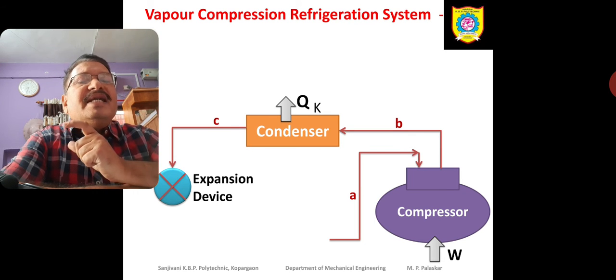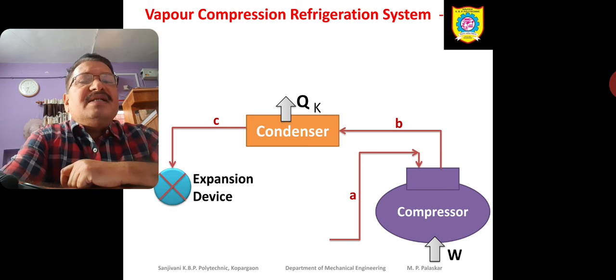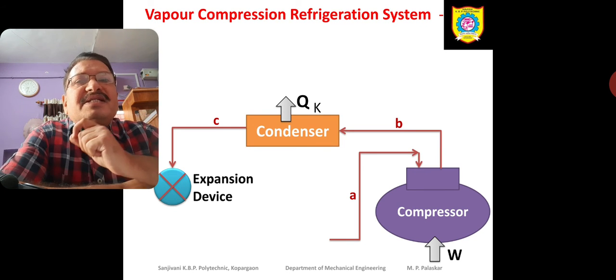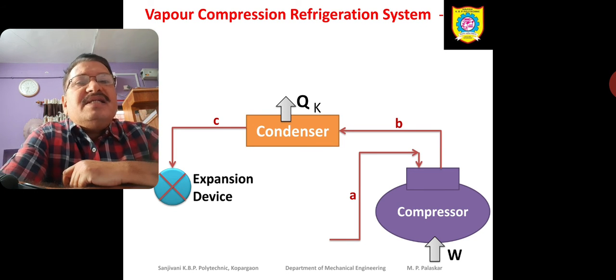So we are not using any expander or any turbine for this expansion process. We are just introducing some restriction to the flow, and due to the restriction to the flow the expansion takes place.